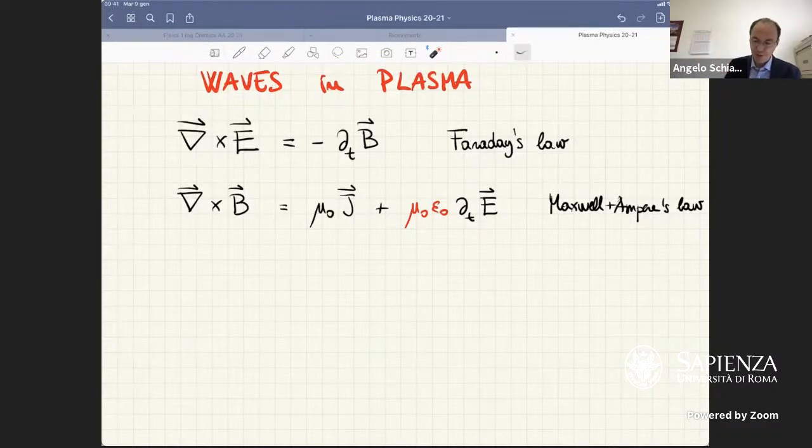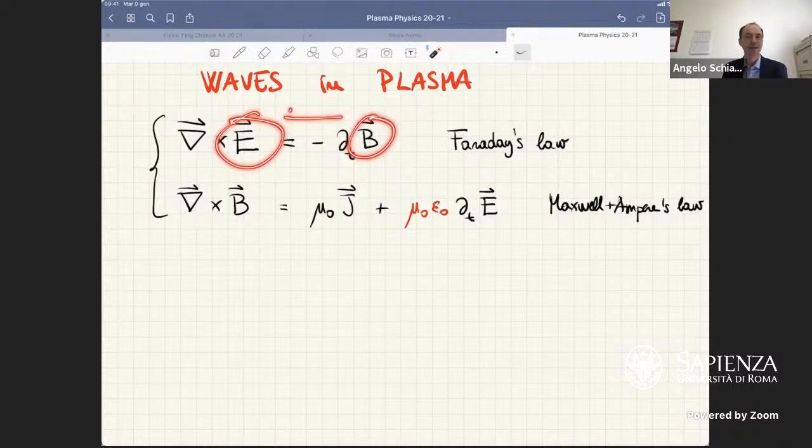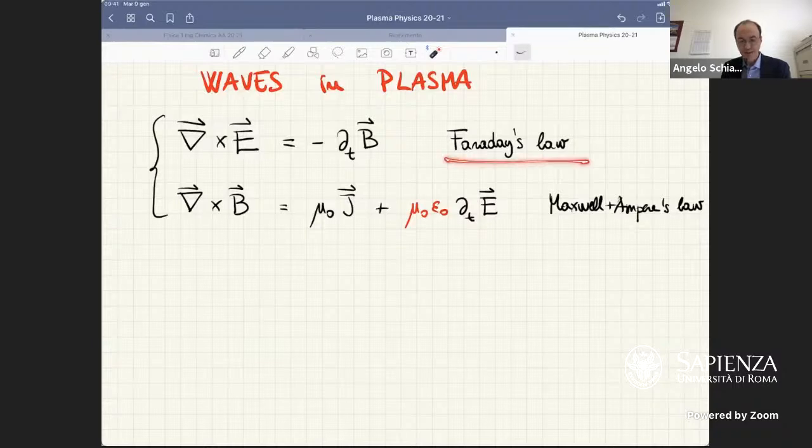These two equations are coupled together, and you see that here we have the electric field and here the magnetic field, so the two are directly speaking to each other in Faraday's law. There is no medium connecting them, just the electric field and the magnetic field.